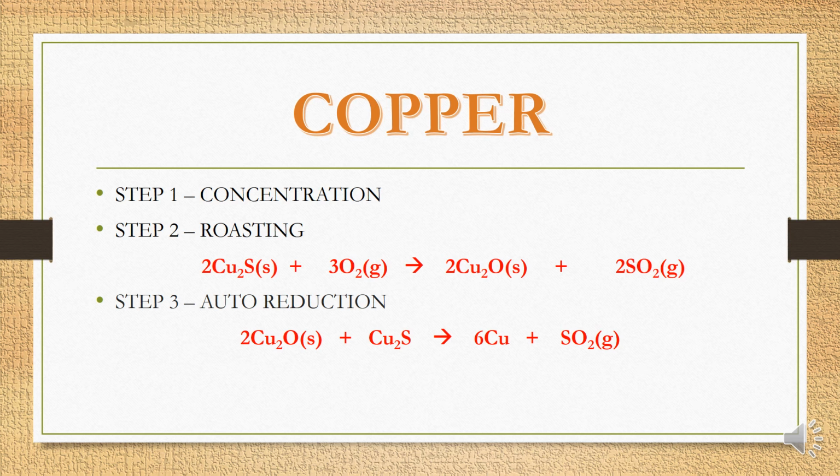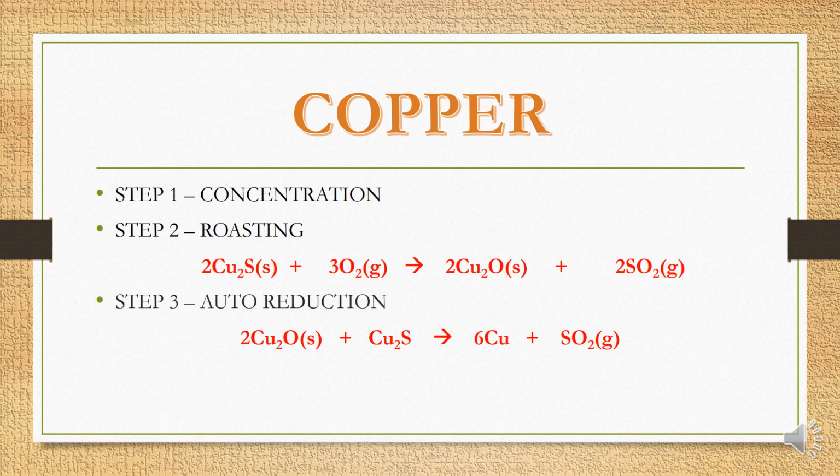If the supply of oxygen is stopped, the copper sulfide will stop turning into copper oxide. So what will happen? Inside the furnace there is a mixture of copper oxide and copper sulfide. Both compounds will react with each other, and they will give you copper, and sulfur dioxide will escape.